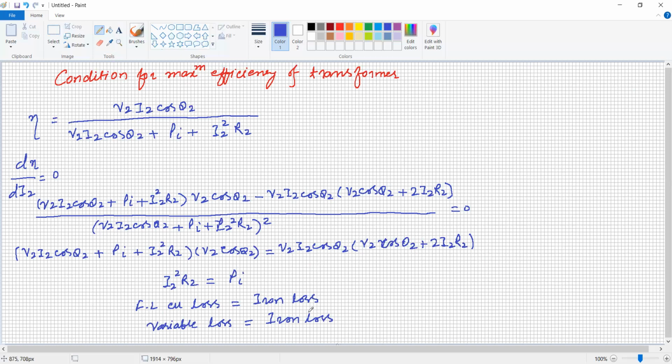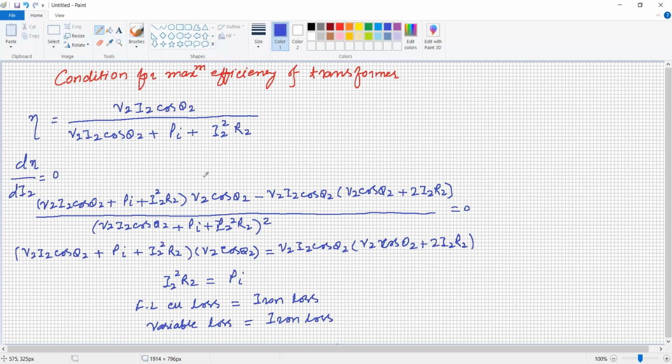So let the iron losses in the transformer be 250 watts. At some particular load condition, at a particular value of current I2, the copper losses become equal to the iron losses. Under such a condition, the transformer will give maximum efficiency.